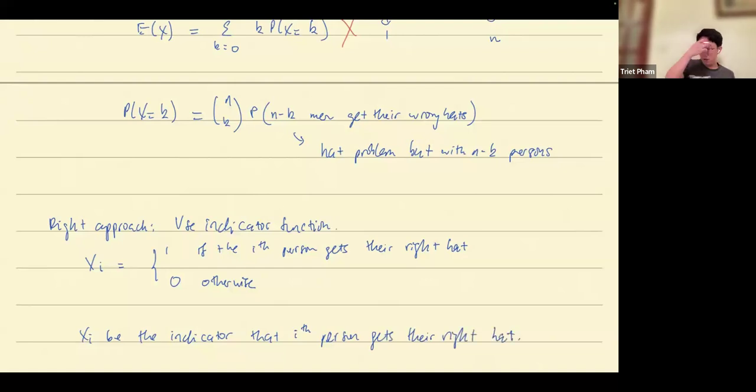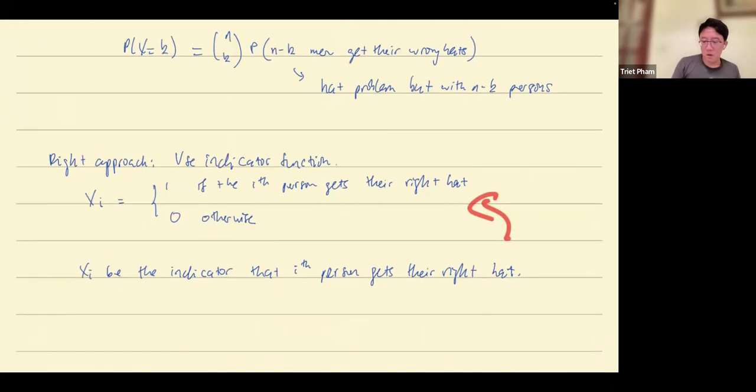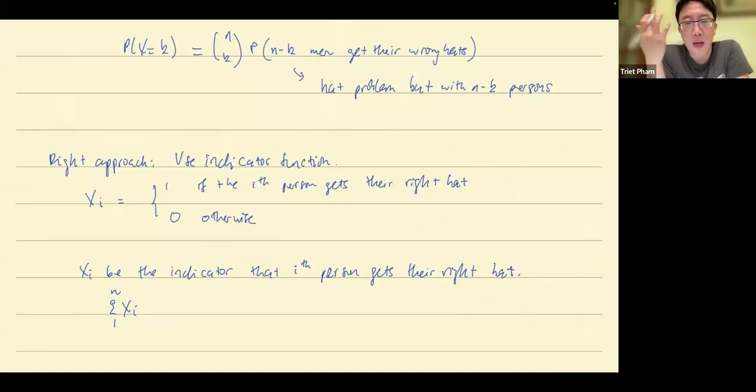So you can see, if you go through each person and you count them up, you say 1 if that person gets the right hat, 0 if not. Then if you sum this up, clearly you're looking at the total number of men with the right hat.